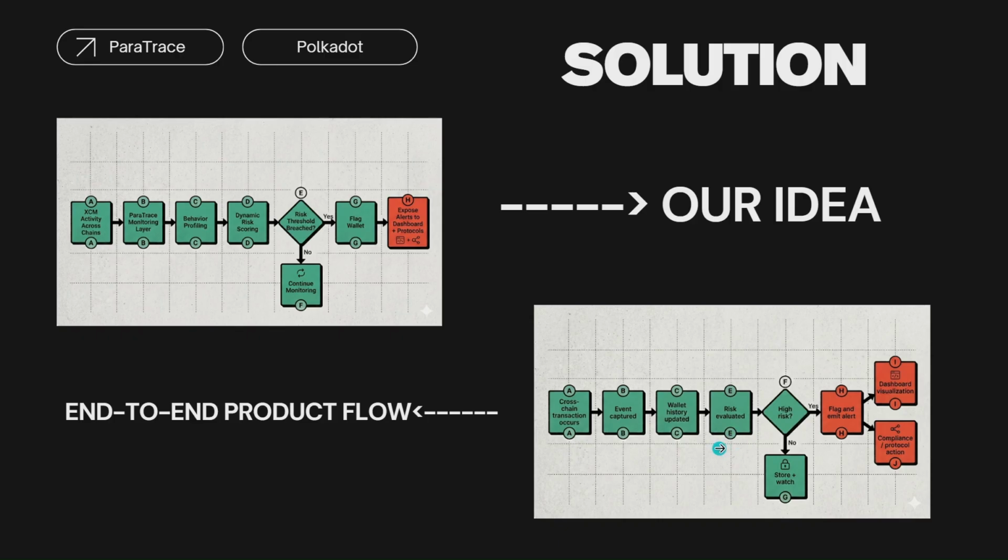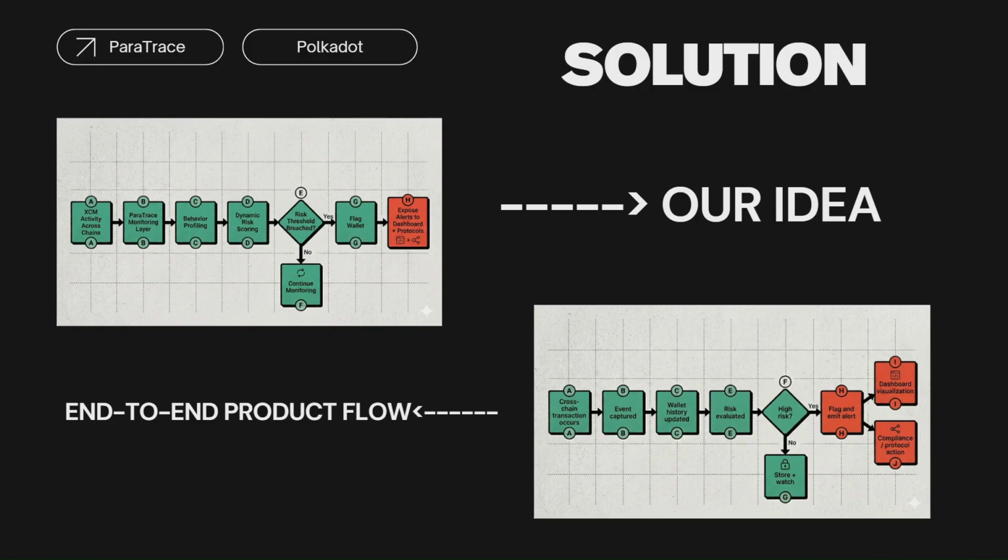Based on the dynamic risk scoring, if it is high, above 75, it flags the wallet and emits an alert, which can also be visualized through the dashboard. There's a compliance protocol action which will be taken on the wallet which receives such a high risk score. If there's no such high risk score, it just stores and keeps on watching.